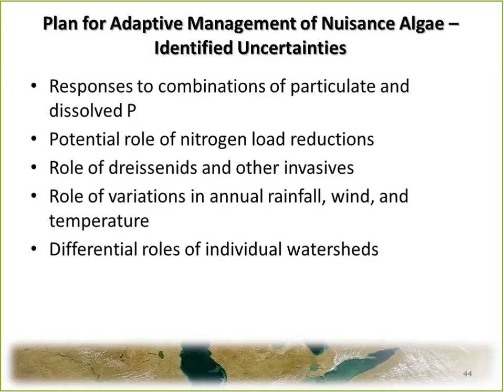There's also a plan for adaptive management that's part of the modeling report. And similar to what I talked about with Lake Ontario, the first step is to identify the uncertainties in the modeling that you've done. And the modelers felt that they couldn't really be sure, based on the data they had, what the mix of response was to particulate and dissolved phosphorus.